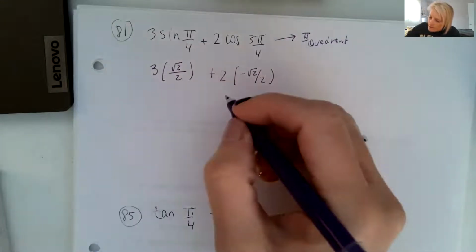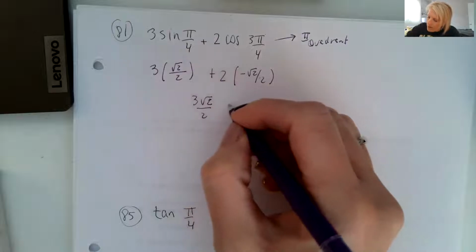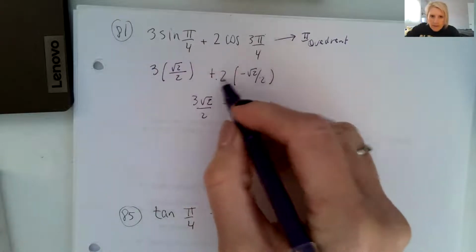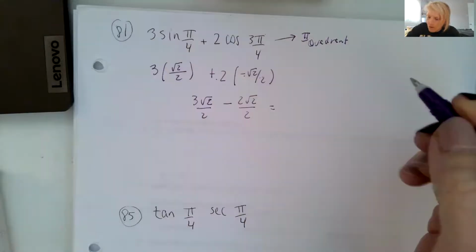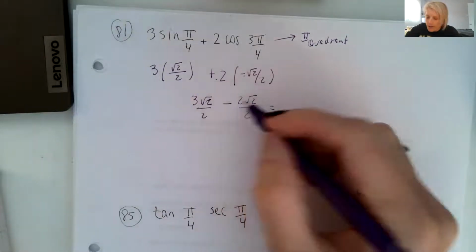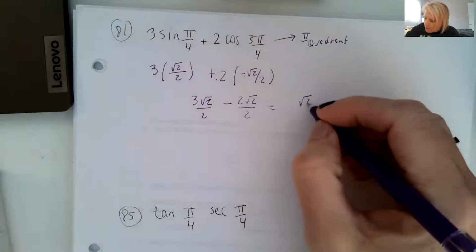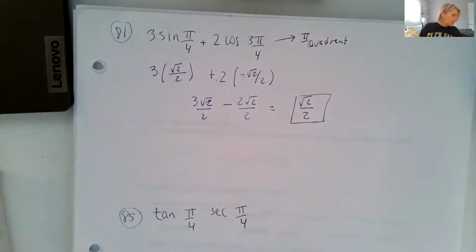So this is 3 square root of 2 over 2 minus, because it's a plus times a negative, 2 square root of 2 over 2. The square root of 2's over 2 are like terms, and we've got 3 subtracting 2. So we just have a square root of 2 over 2 remaining for 81.